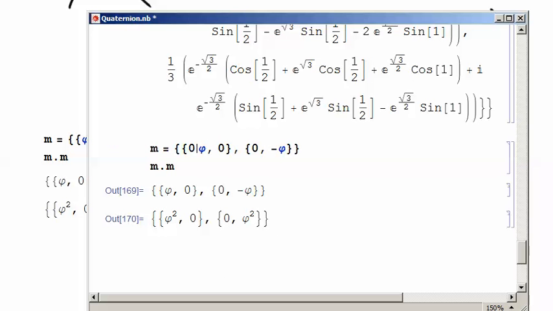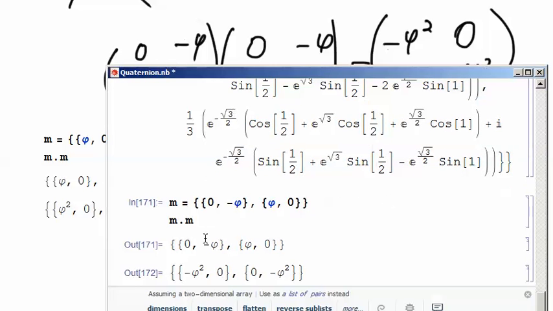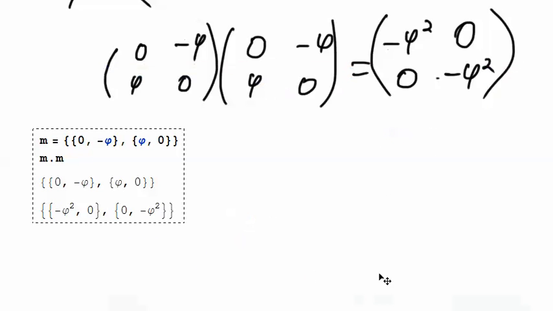This should be 0, negative phi, and positive phi, 0. That's what I multiplied. So what do I get? Negative phi squared and negative phi squared. Okay, good. So I did get the right answer previously.